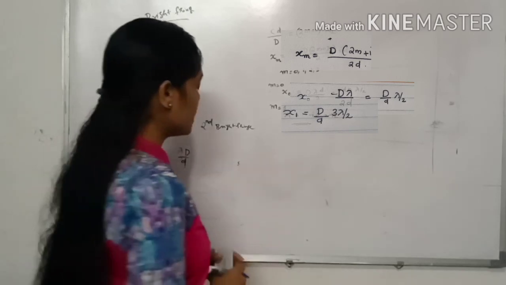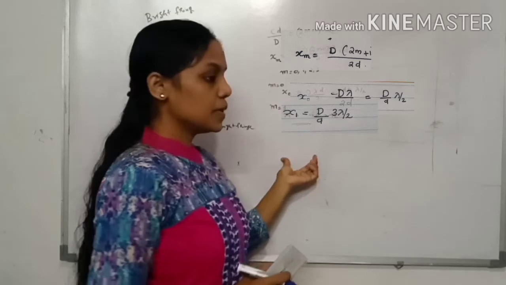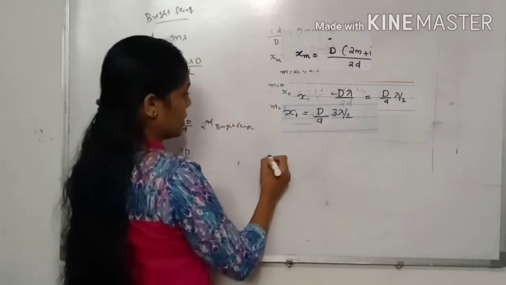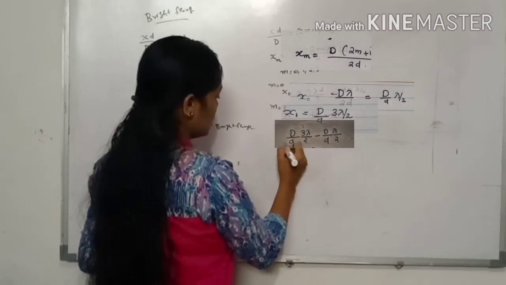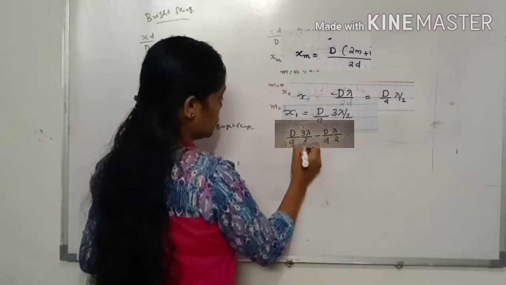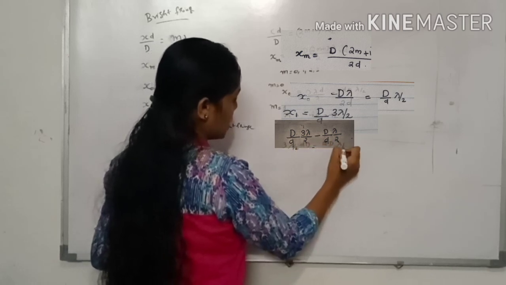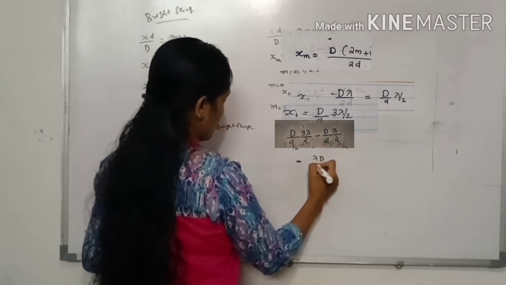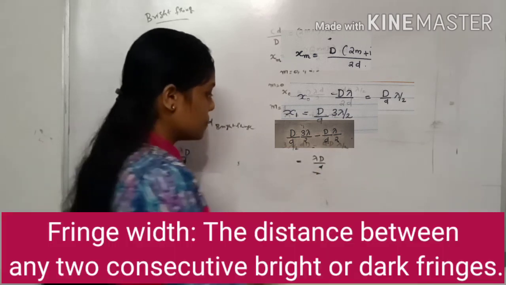And the distance between two consecutive dark fringes is 3 lambda D by 2d minus lambda D by 2d, which is lambda D by d. So this is the fringe width.